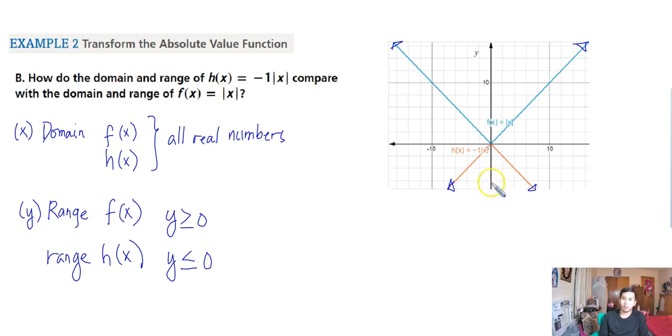So it's down here. This is your red graph here. The domain of h is the same as the domain of f. So they are the same in terms of the domain. However, the range of h is the opposite of the range of f. Again, it's the opposite.